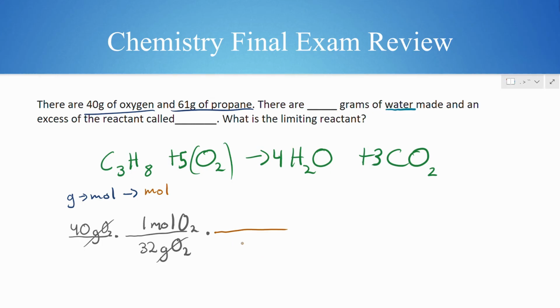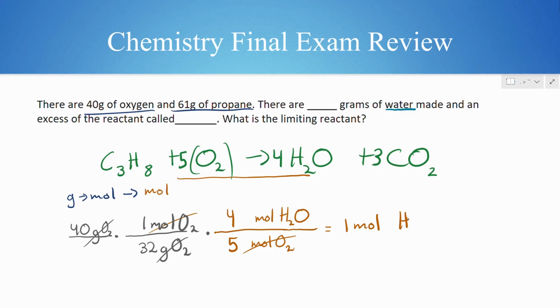So moles of oxygen gas are going to go on the bottom and moles of water are going to go on the top. And this is going to be from the reaction. So looking at these two, for every 5 moles of oxygen gas, we have 4 moles of water. And now this cancels out. This is going to be equal to 1 mole of water.